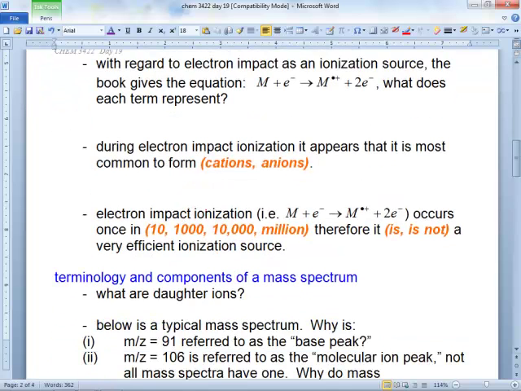The book gives this equation for ionization. This is the first step. So this is your analyte here. Where's your analyte? It's represented by big M, probably for molecule. So it's not ionized. It's your pure analyte molecule, whatever it is.